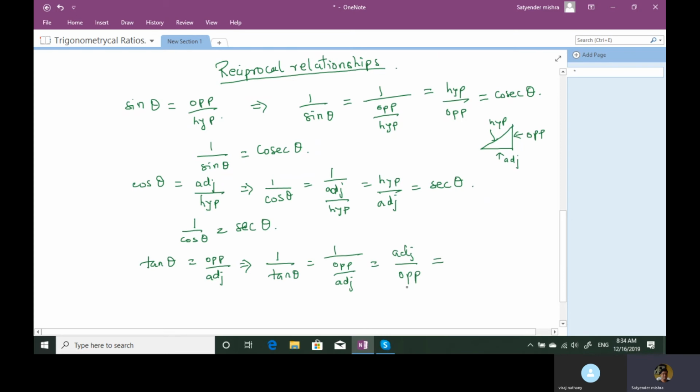And the name of this ratio is cot theta, right? So 1 by tan theta is equal to cot theta.